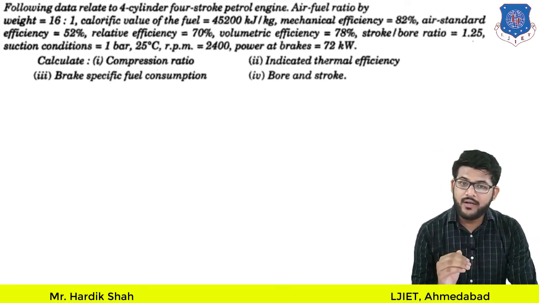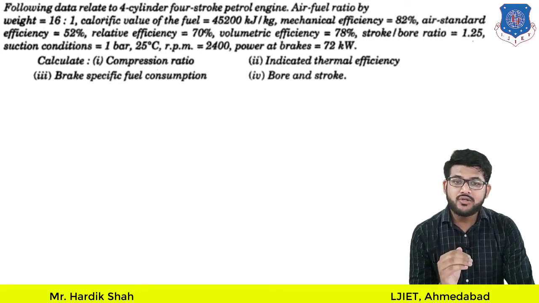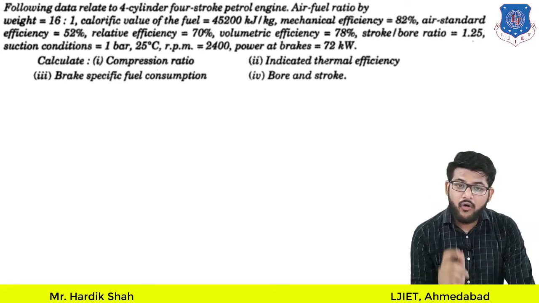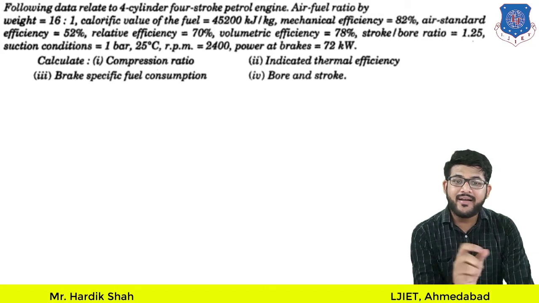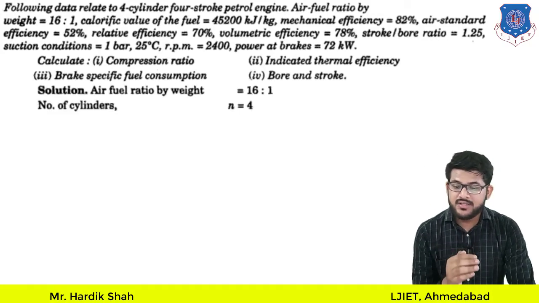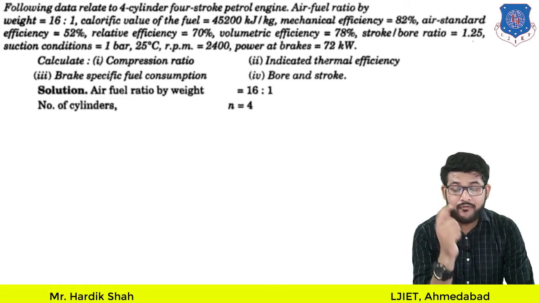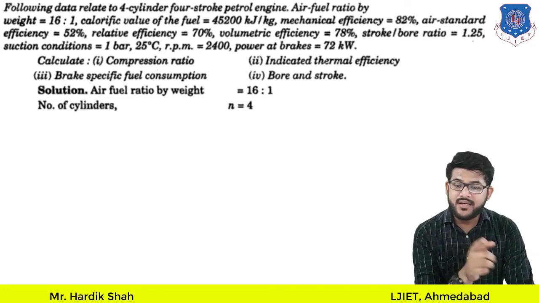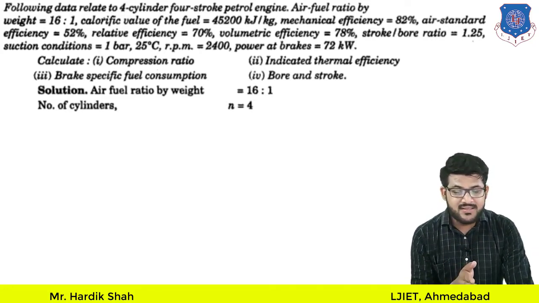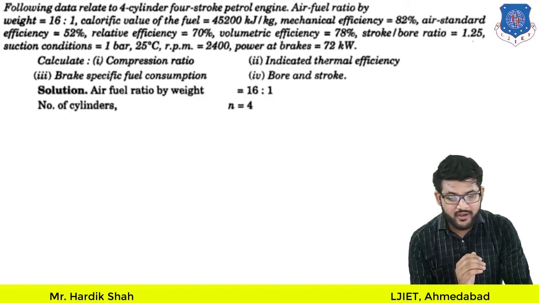First we will list out whatever is given in technical terms. The first line of the question is 4-cylinder 4-stroke petrol engine, so the number of cylinders is 4. CV is given, so we put the calorific value.